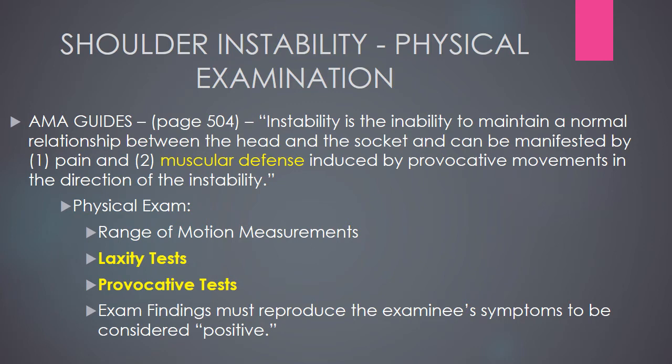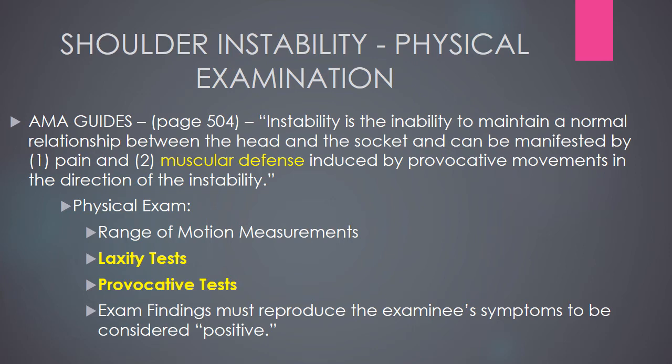And the guides tell us that instability is the inability to maintain a normal relationship between the head of the humerus and the glenoid fossa, and can be manifested by pain and muscular defense, which is induced by provocative movements in the direction of the instability. And this is going to form the basis of our physical examination maneuvers.